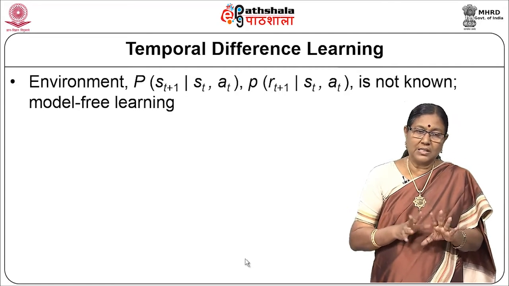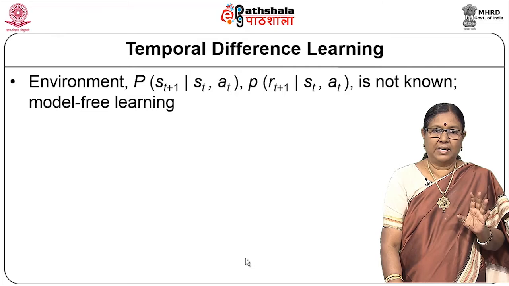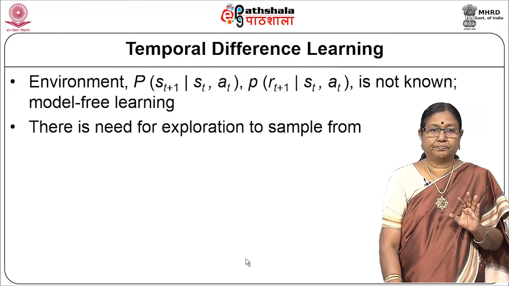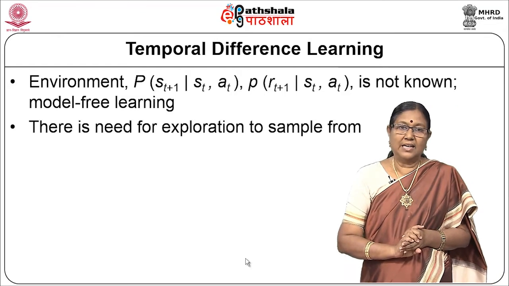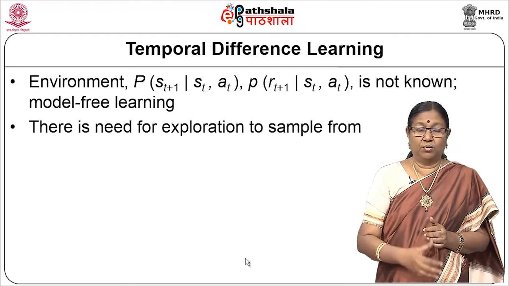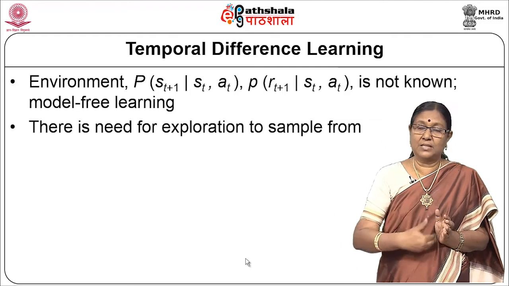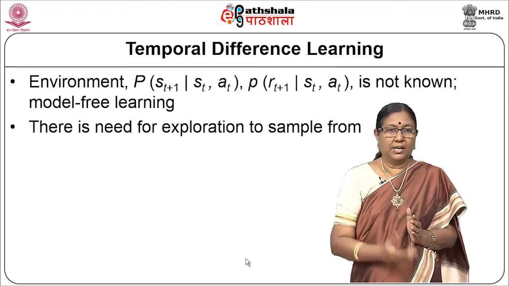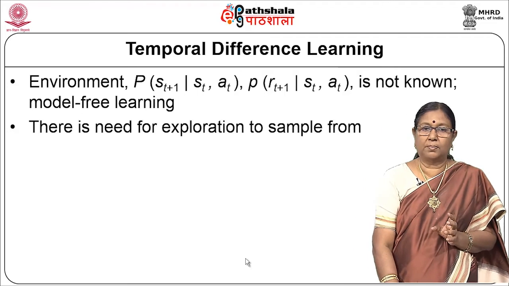If you do not know this, then it is called model free learning, where the probabilities are unknown. In that case we need to do exploration, because we do not know where to go. In the previous case we knew how to maximize, so we knew the direction to go. Here we do not know the direction because we do not know the probabilities.